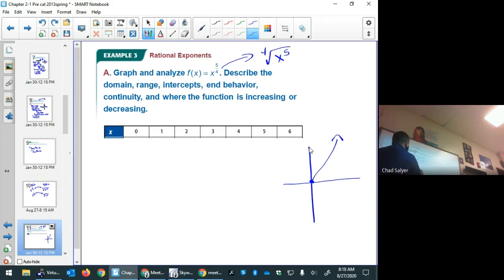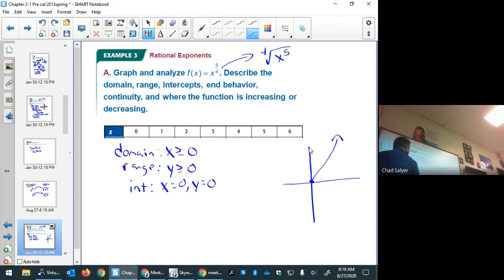So looking at that, the domain is going to be x greater than or equal to 0. The range is going to be y greater than or equal to 0. The intercepts are going to both occur at the origin again. The end behavior. Well, first of all, the limit as x goes to infinity of f of x is infinity.